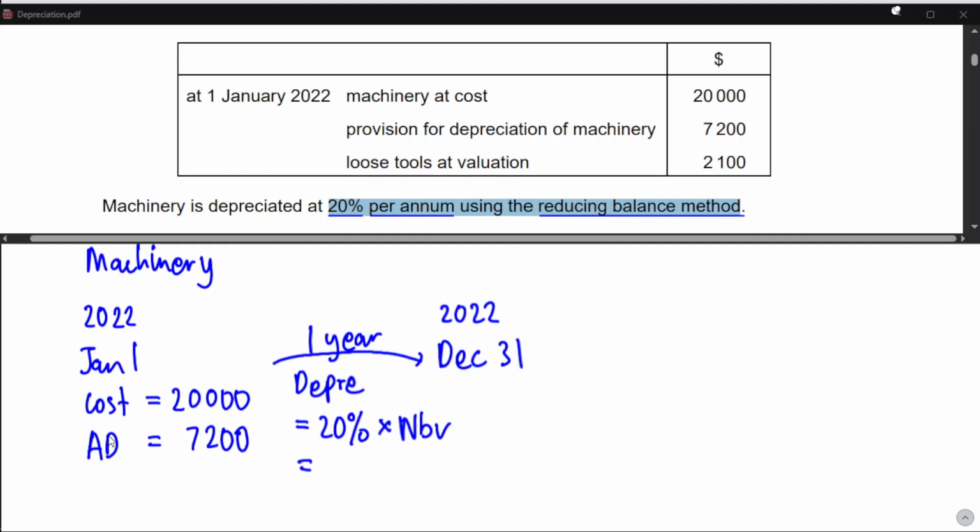So the net book value will equal to cost minus AD equal to net book value. So 20K minus 7,200. So you get 12800.